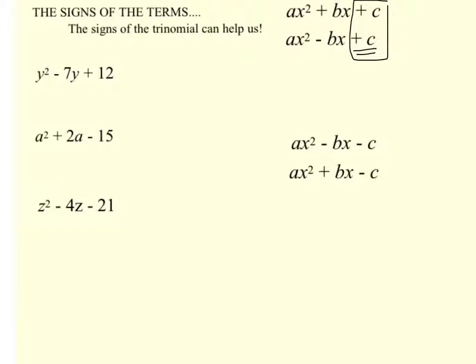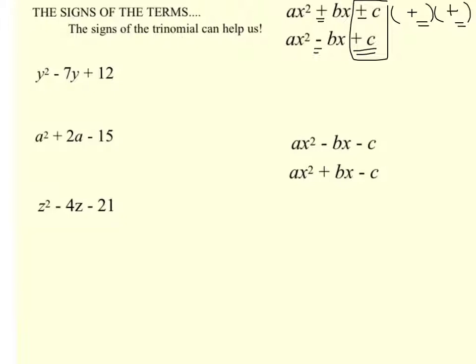You know which one you need based on the sign of the middle term. If this middle term is positive, I had to add two positive numbers together to get it. So then in this pattern, the binomials both have to have plus signs, because I multiply two positive numbers to make a positive, and I can add two positive numbers to make a positive.